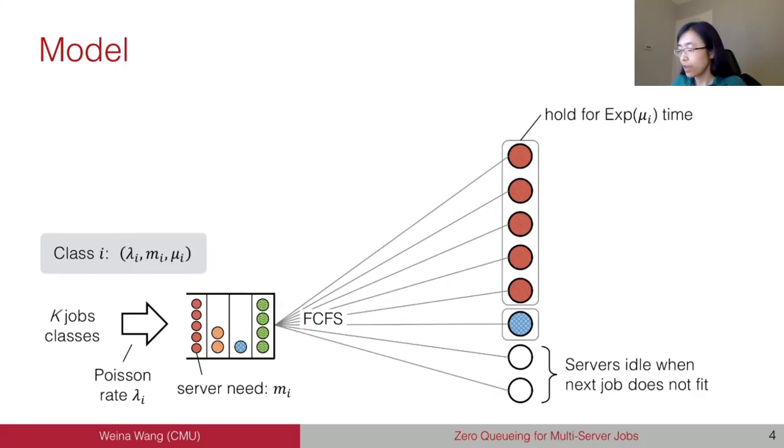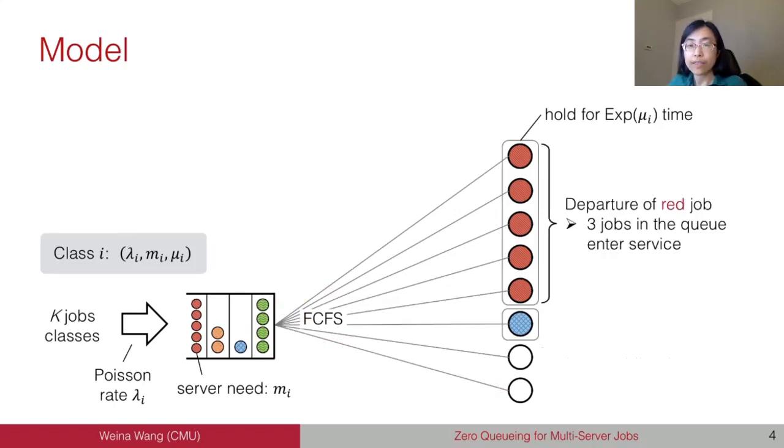There's another interesting phenomenon that cannot happen for single server jobs, but can happen in multi-server job systems. For example, if this red job in service departs, it frees up 5 servers, so we have 7 available servers in total. That is enough to accommodate the next 3 jobs in the queue, so these 3 jobs enter service at the same time.